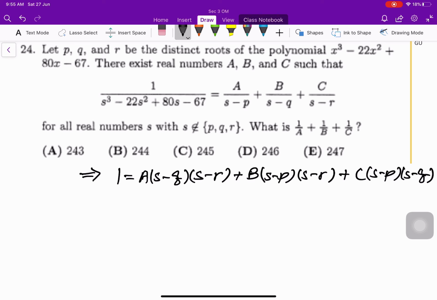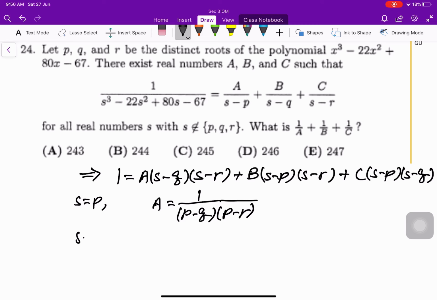Then in this case, you can substitute S, replace S by P, and with that your B expression will be 0 and your C expression will be 0. Therefore, what you get is A equal to 1 over (P minus Q) multiplied by (P minus R).